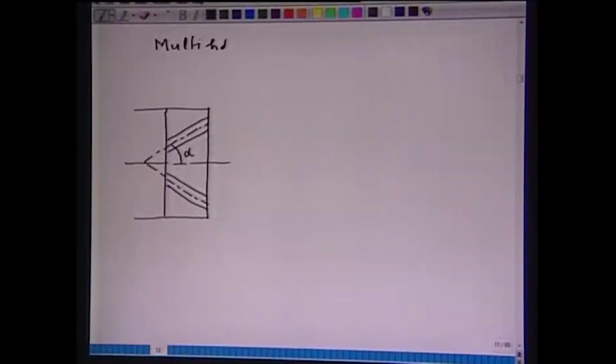That means, if I take the flow rate of the gas constant, I allow the gas to flow through a single nozzle and I allow the gas to flow through multi nozzle, then the jet produced by a single nozzle will be somewhat harder as compared to that produced by the multi hole nozzles. This is the angle of inclination. Alpha is the angle of inclination.